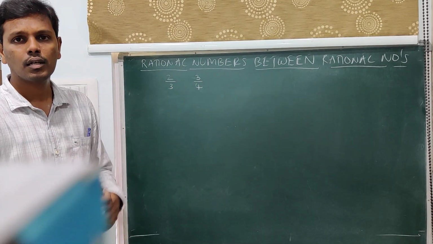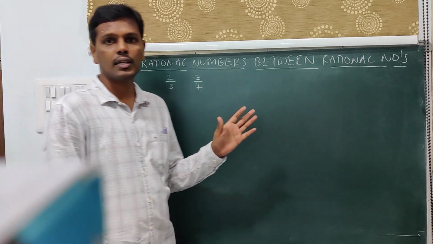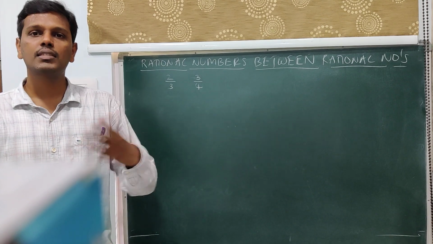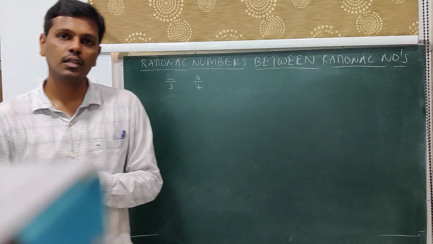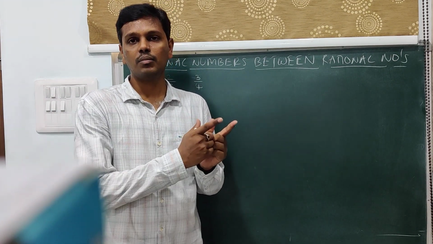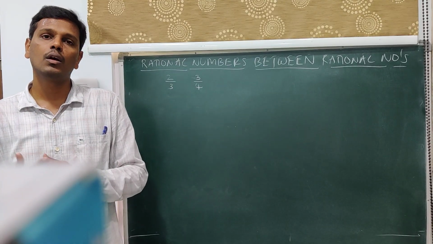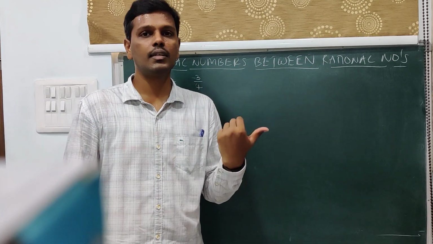The simple reason is, as we have discussed in the previous classes, that every rational number is either a terminating decimal or a non-terminating repeating decimal, and the vice versa is also true. That is, every terminating decimal or a non-terminating repeating decimal can be expressed as a rational number. Therefore, we can say that a rational number is equivalent to either a terminating decimal or a non-terminating repeating decimal, and a terminating decimal is equivalently a rational number.